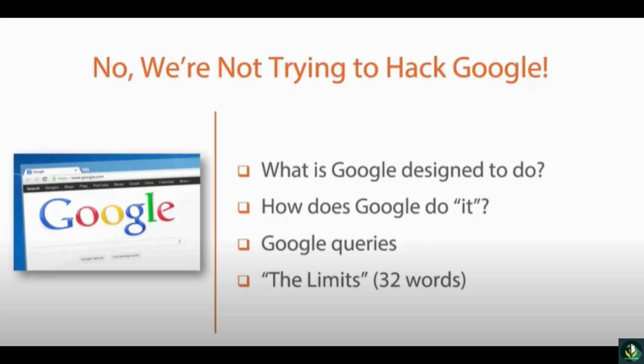32 words. Google Advanced Search is a more detailed method of finding information on Google. It uses a variety of Google search operators that consist of special characters and special commands, also known as advanced operators, that go beyond normal Google search.